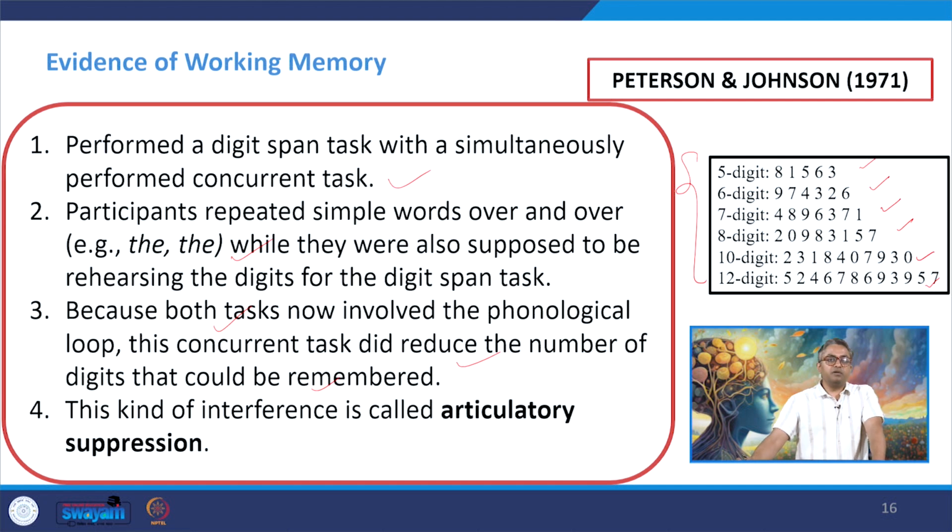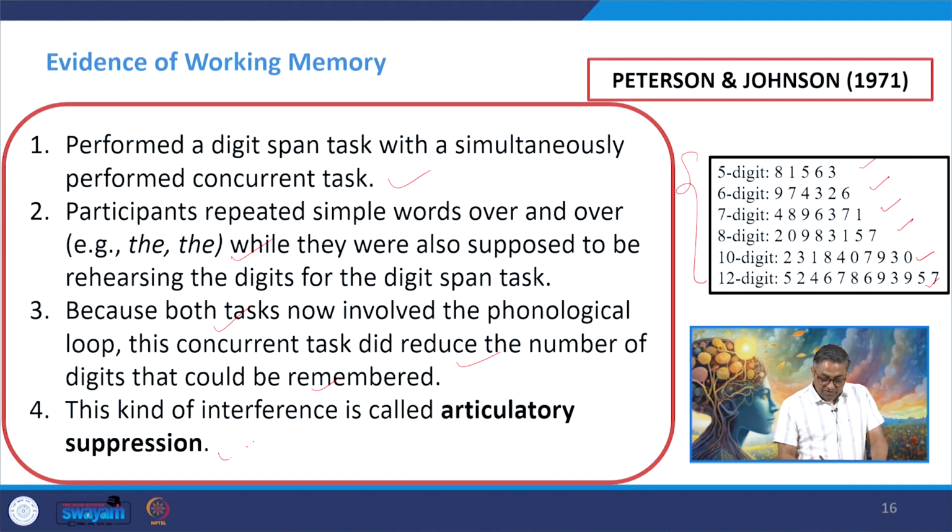The assumption behind this was that both systems are using the phonological loop, hence one processing inhibited the other and vice versa. Of course, the degree of inhibition has not been investigated in such a study, but the nature and degree of inhibition may vary between the digit span task and repetition of a simple word. We cannot rule out the fact that both use a similar system for processing.